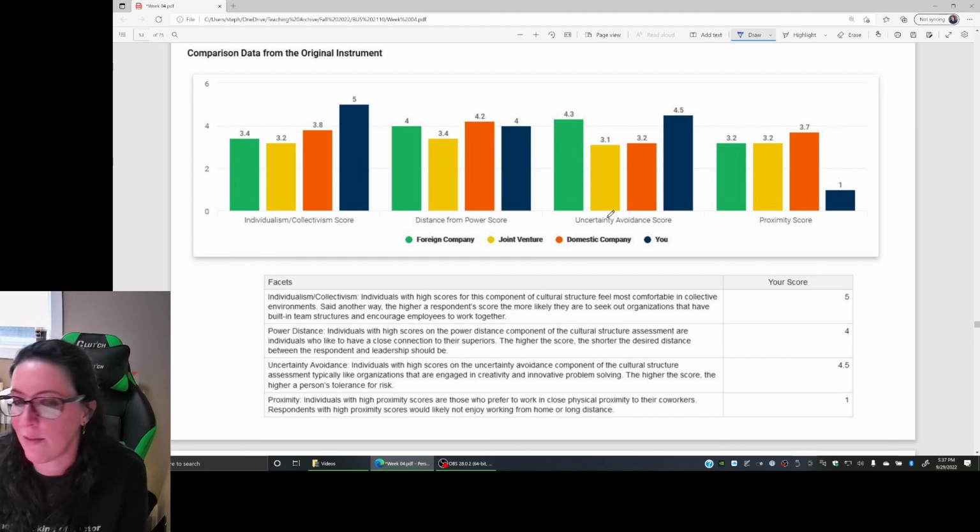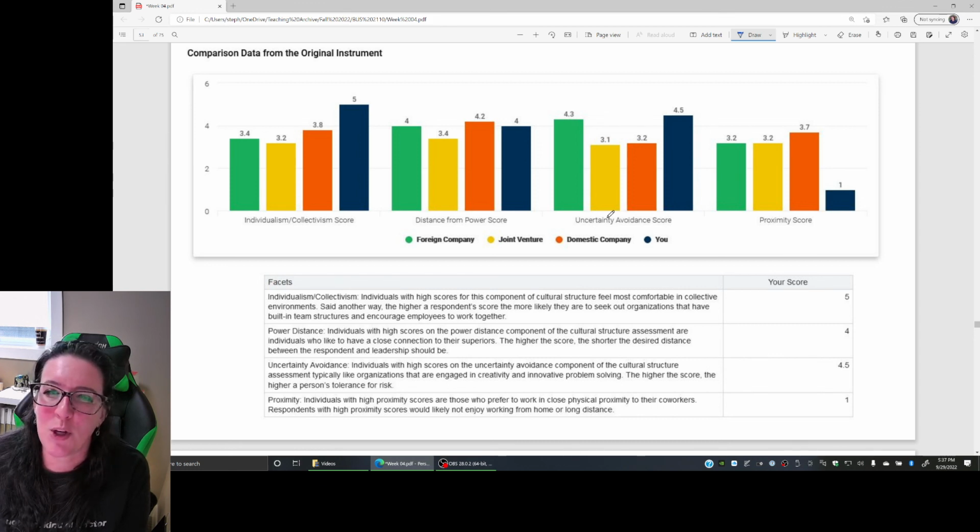So you're in the dark blue and you can see the others here. So which ones do you more align with in terms of some of their organizational structure? There's not a lot of difference here in terms of the foreign, joint venture, and domestic. So to see which one you more align with is a bit difficult based on this survey. So I'm not sure this one is super helpful.